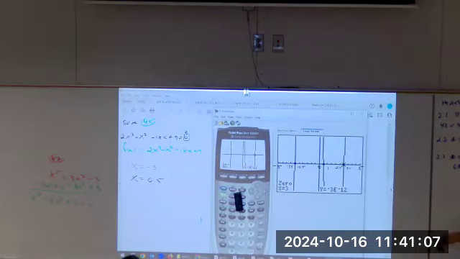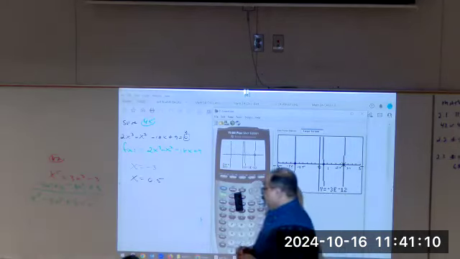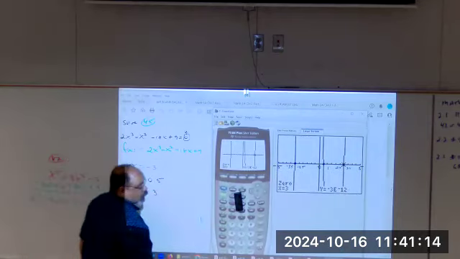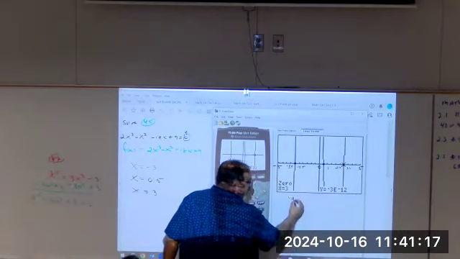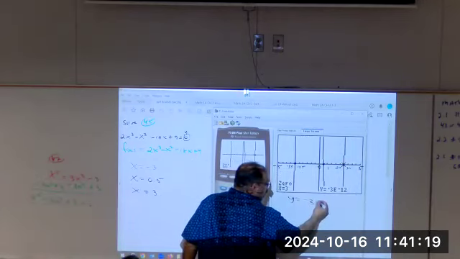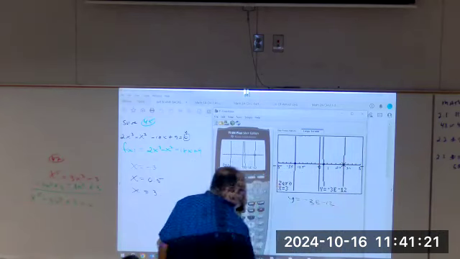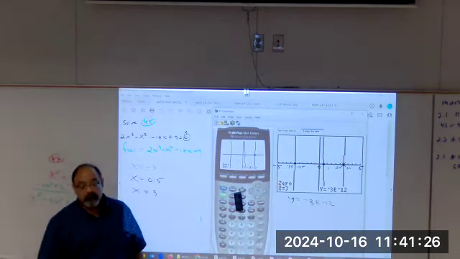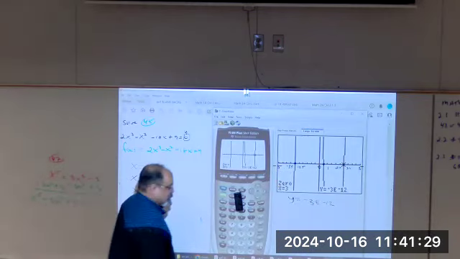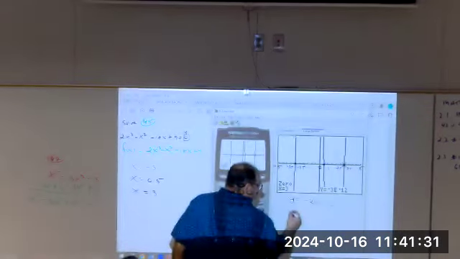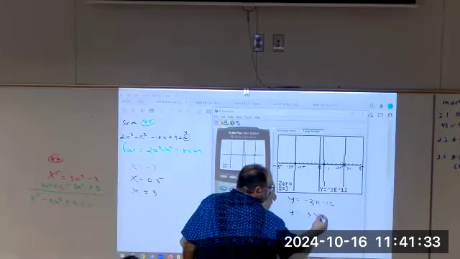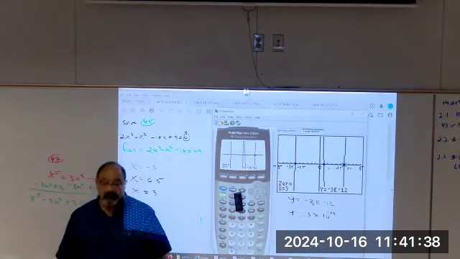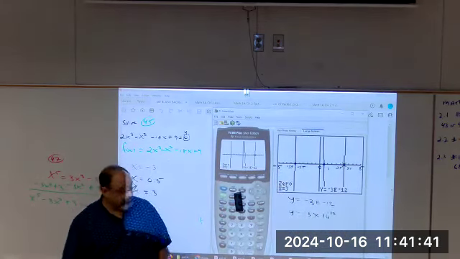Now, this time it doesn't give you exactly 0, it gives you this. But it does say X equals 3. What is this number? Y equals -3, E -12. That means Y is equal to -3 times 10 to the -12 power. That has a special name, scientific notation.